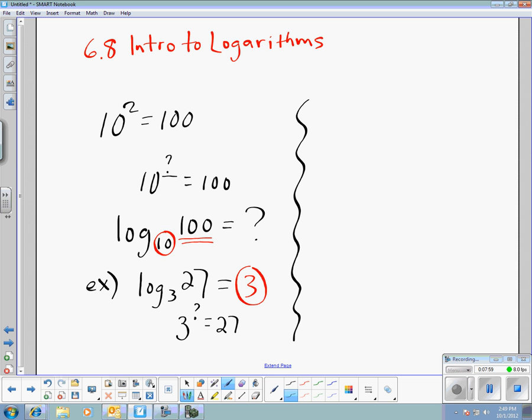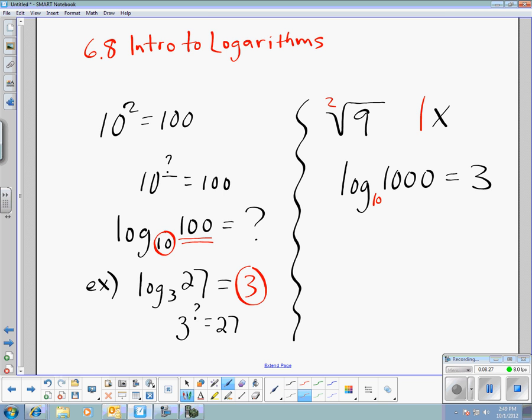Now, you know how a lot of times in math problems we have stuff that's assumed, like if I write the square root of 9, I'm assuming there to be a little 2 right there. If I write x, I'm assuming that there's a 1 right there to be 1x. Stuff that happens most often, we don't write it every time. So what you need to know about logs, log of 1,000 is 3. I am assuming there is a little 10 right here.